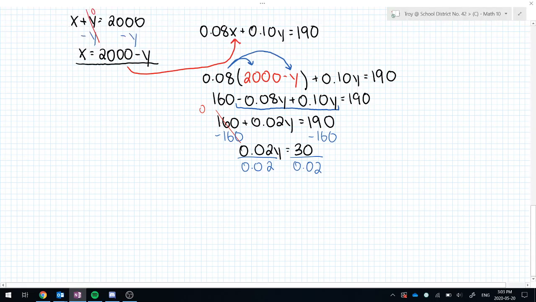And of course this cancels out. And what I get here is y equals 30 divided by 0.02, which in fact works out to be 1,500. So that's half of our solution.